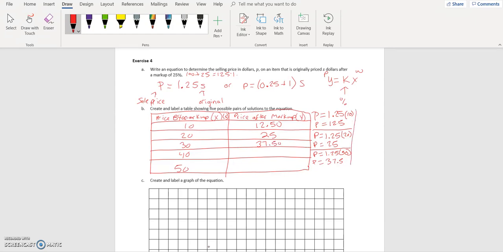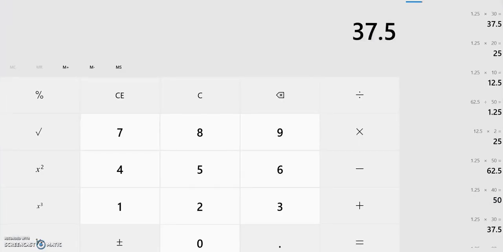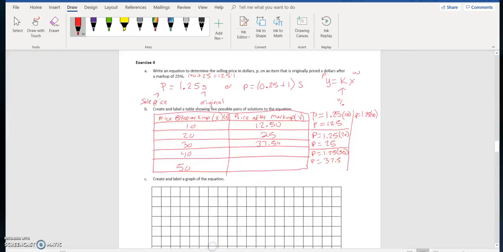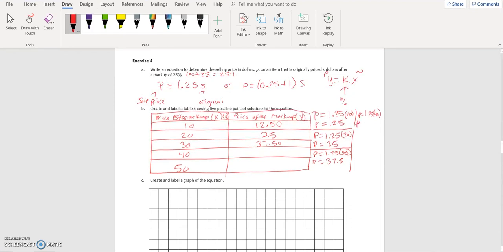Then I'm going to do P equals 1.25 times 40, which gives me 50. P is equal to 50. So after the markup, it is $50.